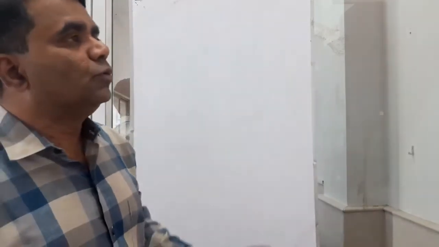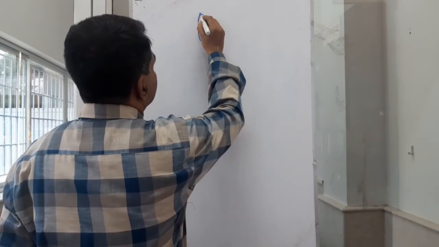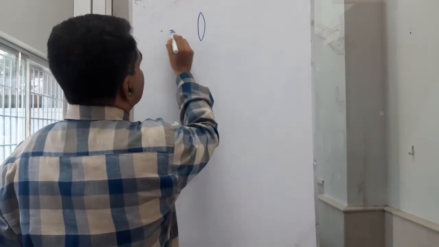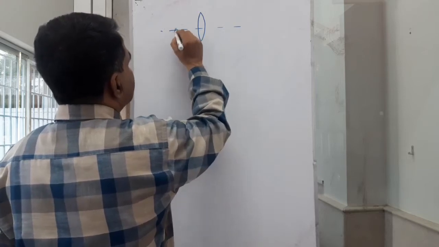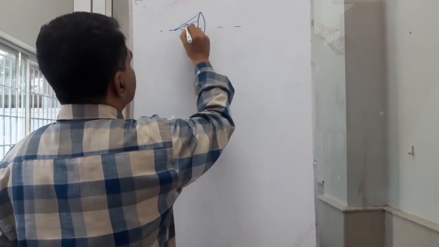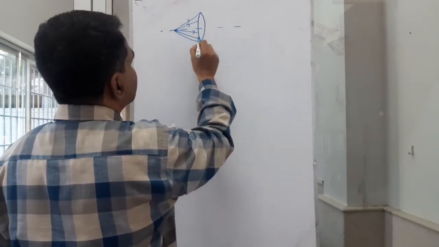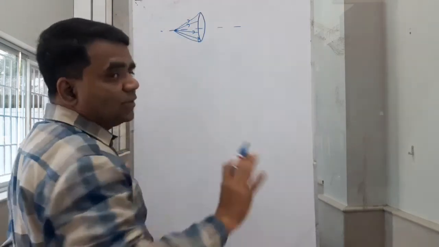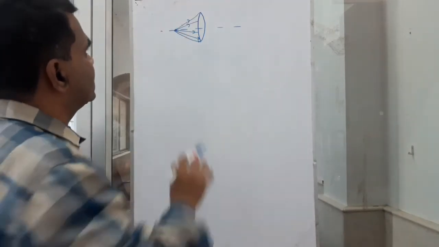And B, light emerging out of a convex lens when a point source is placed at its focus. Well, that's easy. So you have a convex lens, and then let's suppose that this is the focus. If I have a point source here, then light will travel like this and will travel in all the directions. We are not bothered about that, we are bothered only about the light that is hitting the lens from the source.